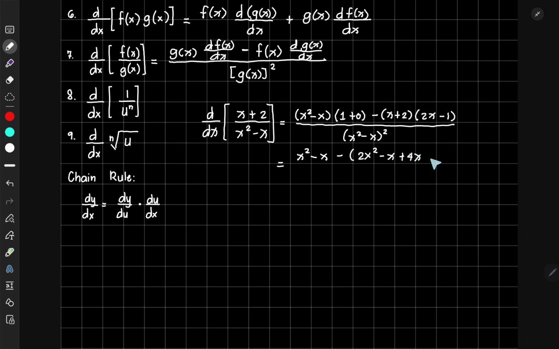Then 2 times negative 1 is minus 2. So all over, so pwede natin i-expand to. So magiging x raised to 4 minus twice of x cubed, then plus x squared.